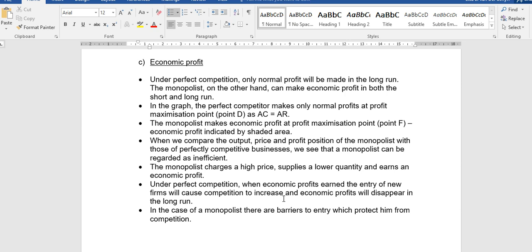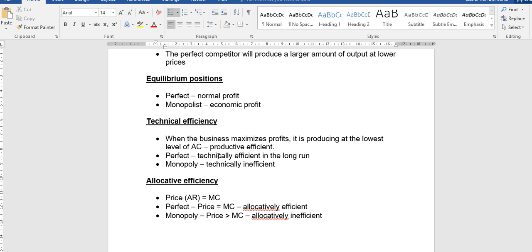Perfect competition makes a normal profit because there's freedom of entry and exit, and when others enter the industry, economic profits will disappear in the long run. Whereas in the case of the monopoly, there are barriers to entry. Entry is blocked, so people cannot enter the industry, and therefore you will make an economic profit even in the long run. Here you can actually write: because of freedom of entry and exit.